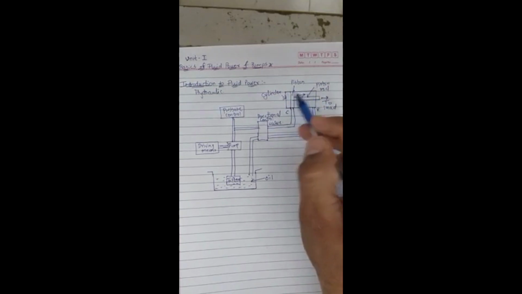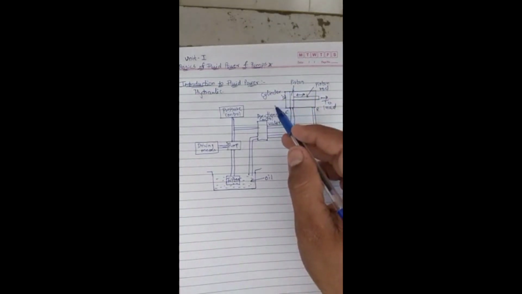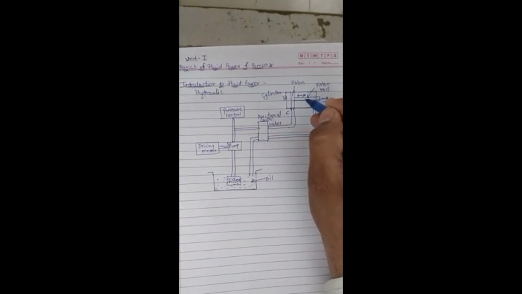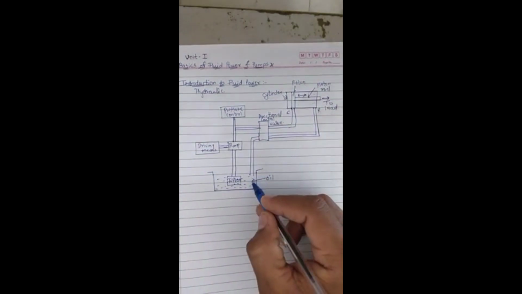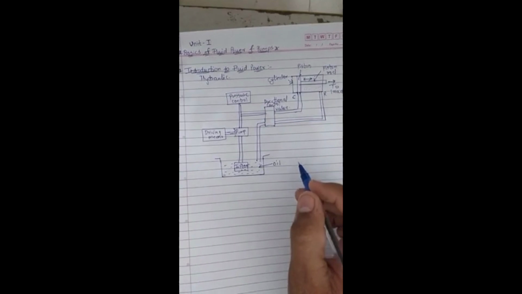The oil flows through the cap end to the rod end. Then the piston will move from cap end to rod end, or left side to right side. And the oil present at the rod end will go through the direction control to the tank.